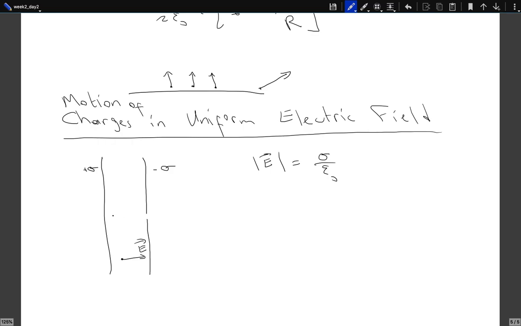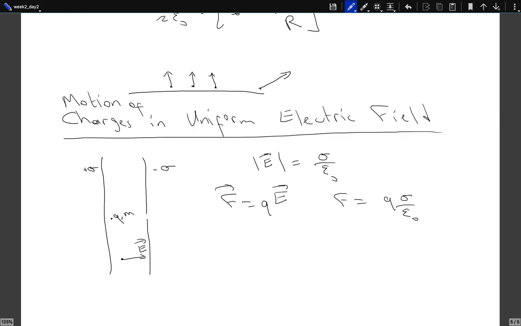Now let's imagine you put some charge over here with mass m. Well, then the force acting on that charge will be just q times E, and it will have a magnitude q sigma over epsilon 0.